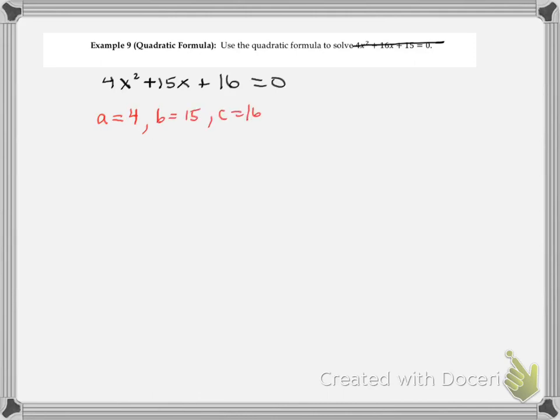Let's remember the quadratic formula: x equals negative b plus or minus the square root of b squared minus 4ac, all over 2a. So pause the video and set up your quadratic formula.